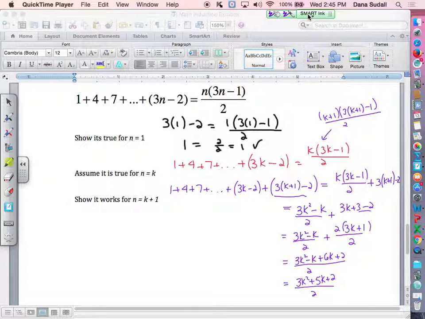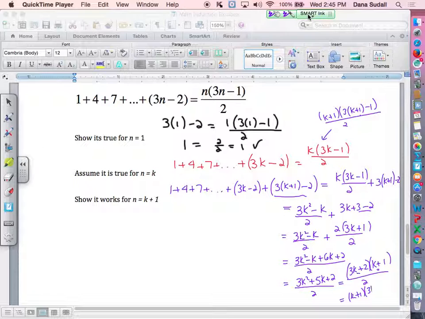And really what I just need to do is then factor this thing. It's almost where I need it to be. So this will factor into 3k and k. It'll be a plus 1 and a plus 2. Now I'm almost there. I need the k plus 1. I need to fix this to make it look like what I have up here. So I'm going to put the k plus 1 first.